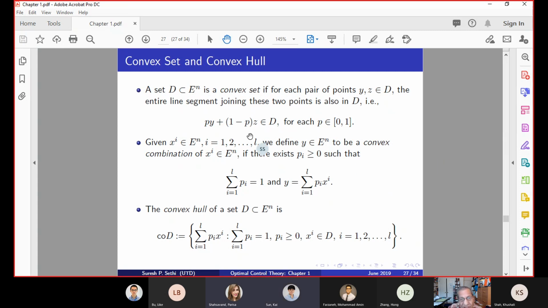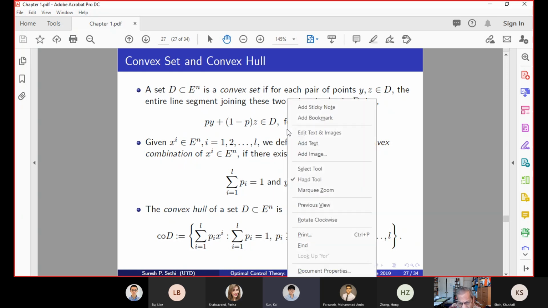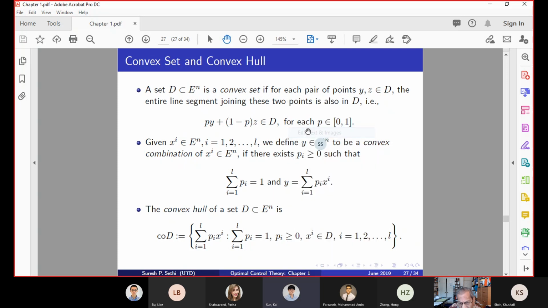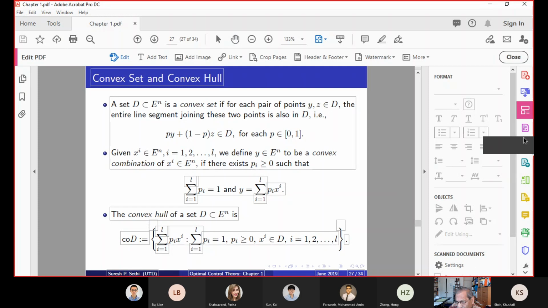Well, if somebody can figure it out, let us know, so we can do something like that. I think you need to do some PDF file or something. You have to bring them in. Edit text and images. Let me try that. So that's a convex set.